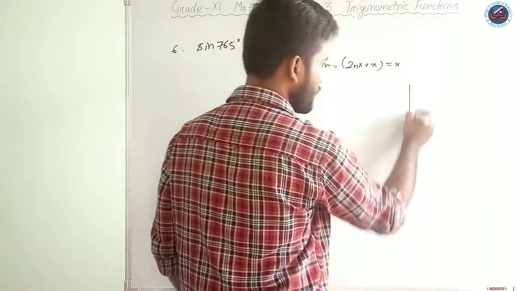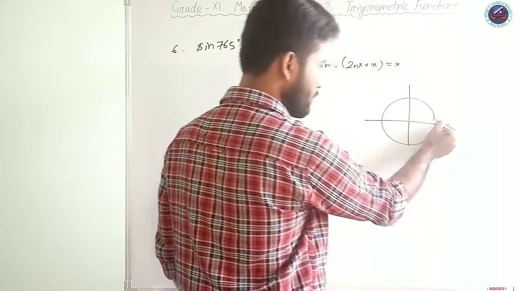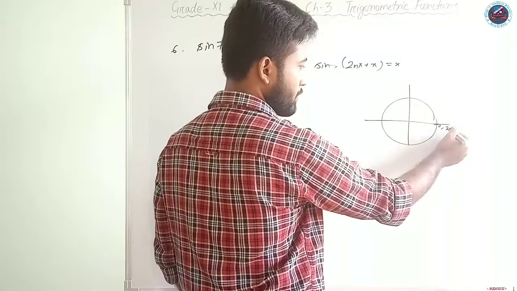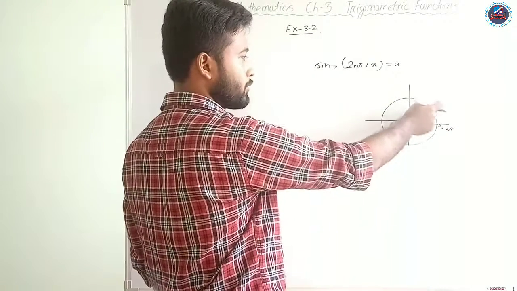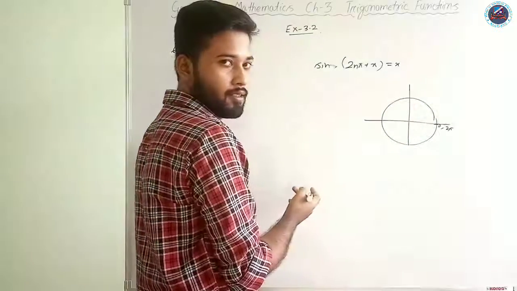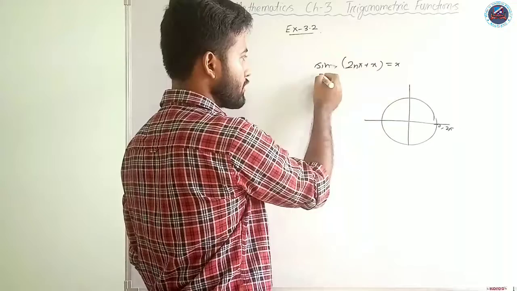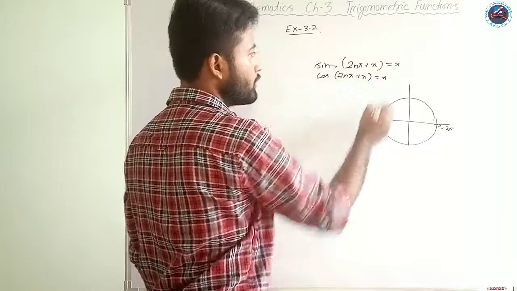Because if you draw a unit circle, after you start from here at 0 degree, then you reach this point again, so this will now be twice pi. So once you cross twice pi, the value whatever you get here will be the same as x, isn't it? So whenever sine of twice n pi plus x is equal to sine x, and also cos of twice n pi plus x is equal to cos x.